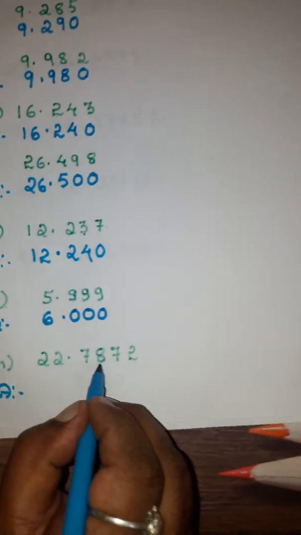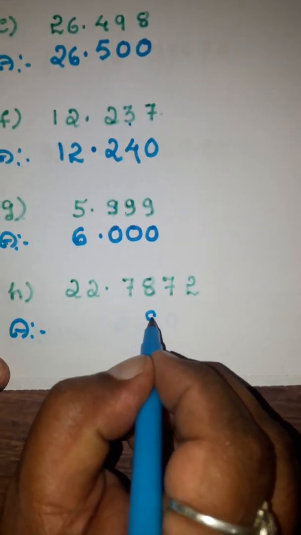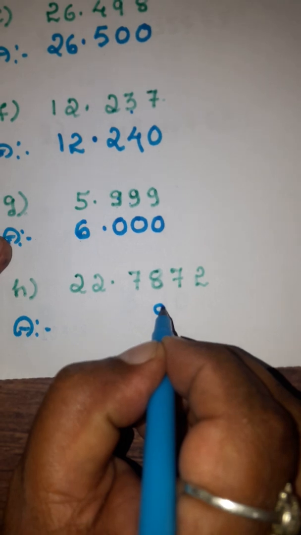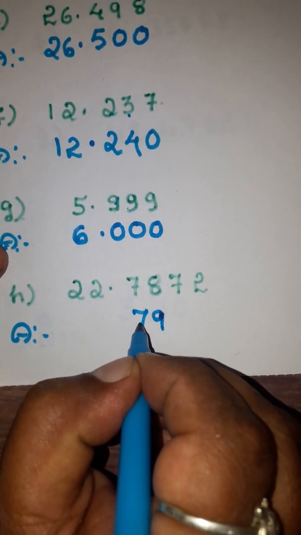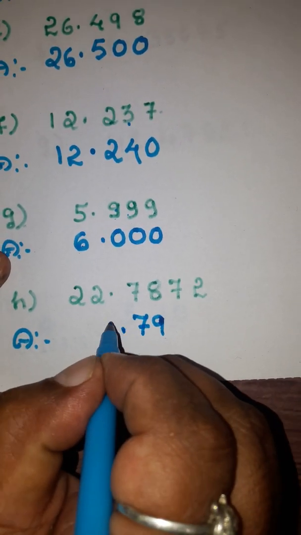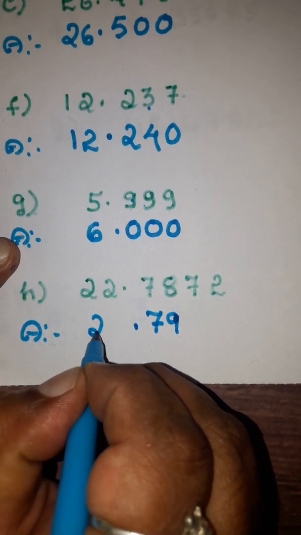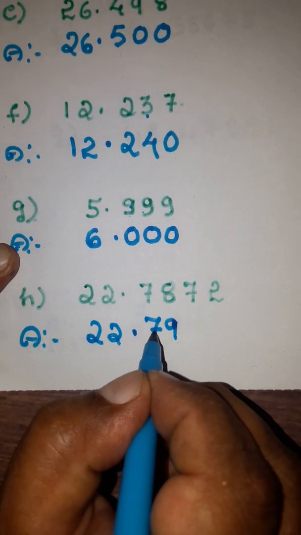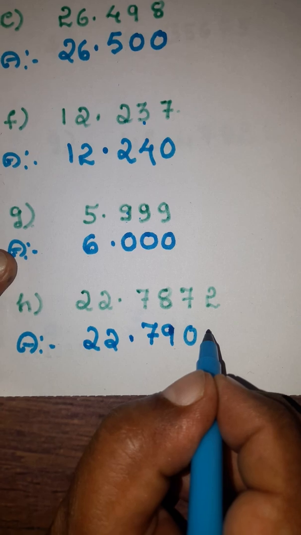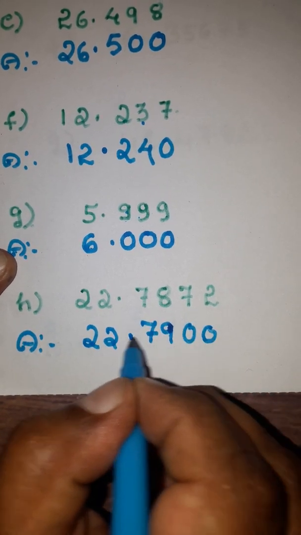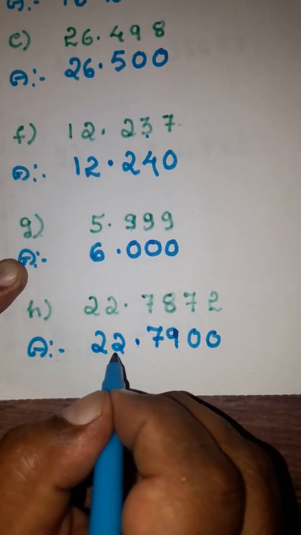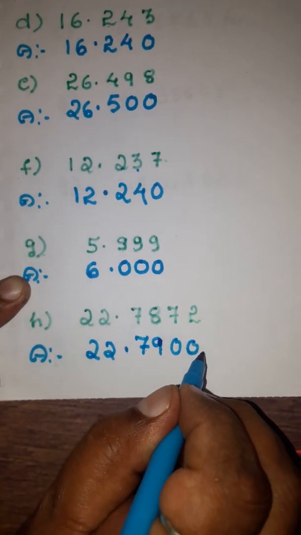So add 1 to the second decimal place. It becomes 9. So the first decimal place remains as it is. Put decimal point. Whole number remains undisturbed. 22.79 and make this 0, 0. So answer is 22.79 or 22.7900.